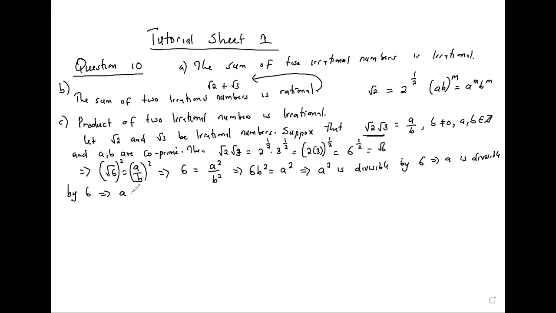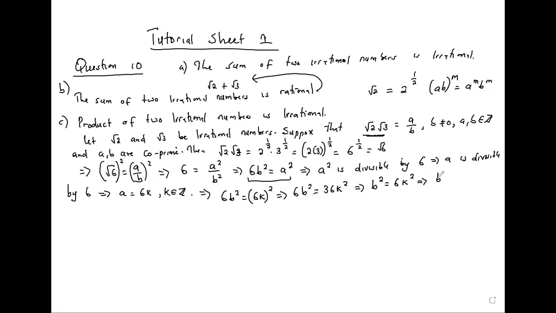So we can write a as 6k, where k is some integer, which implies that 6b squared is equal to 6k squared, which is 6b squared is equal to 36k squared, giving us b squared is equal to 6k squared.